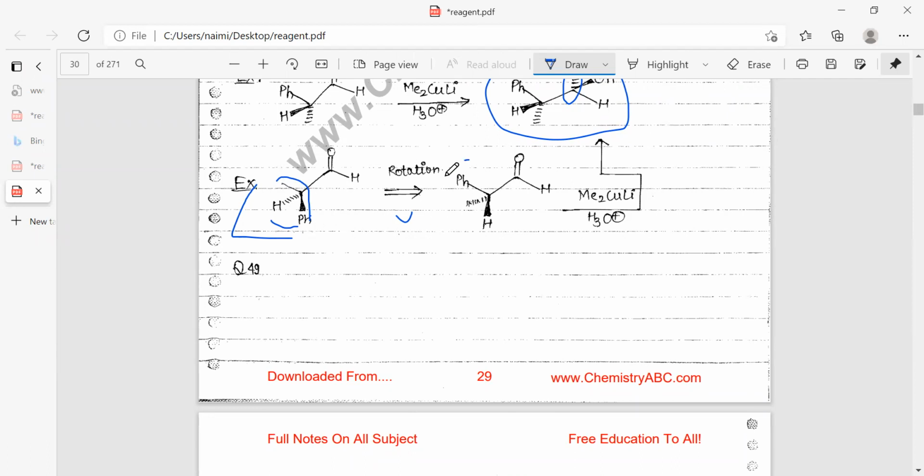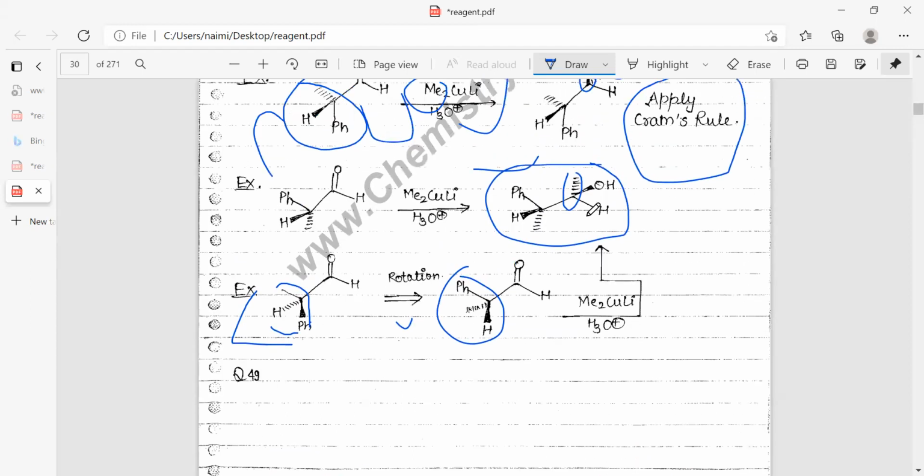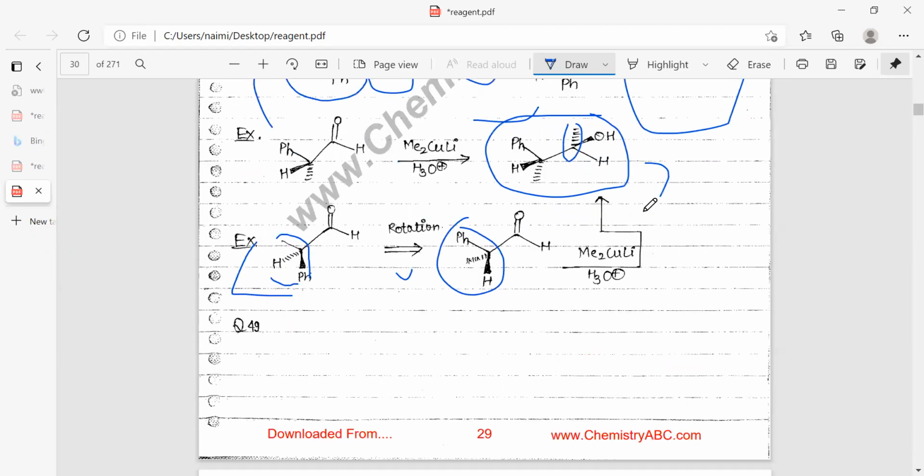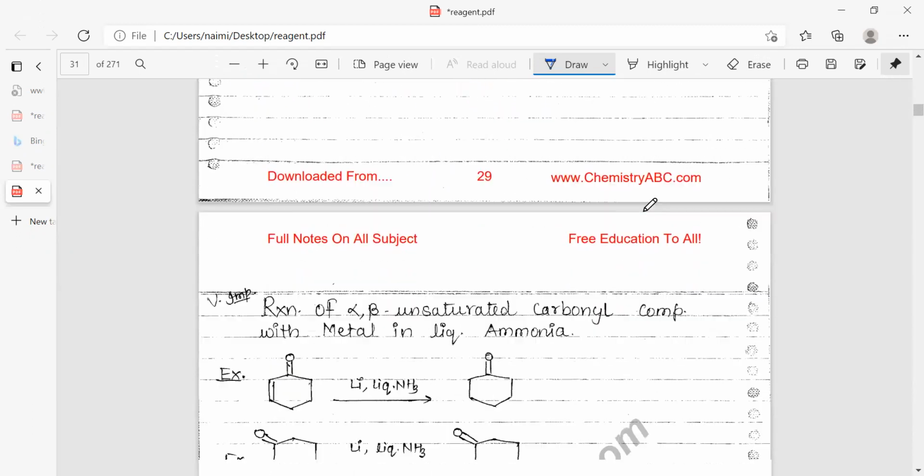So after rotation you can obtain this product. Here it acts as the substrate, and methyl will be attached at the carbonyl, the electrophilic site, and after that, after workup, H+ will be attached. So that's why your product will be this one. It is a very important reaction if you see here.